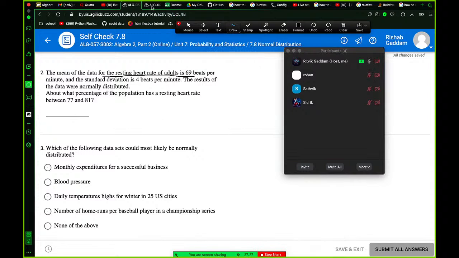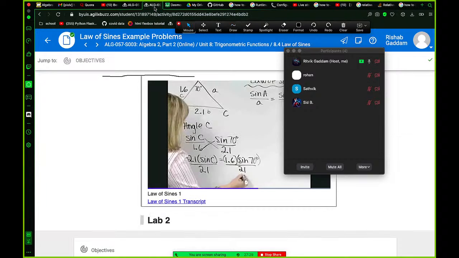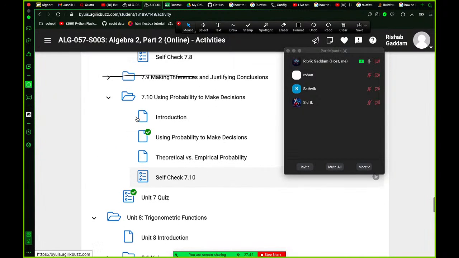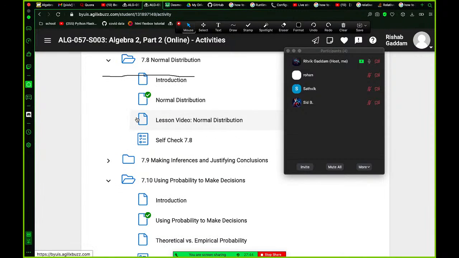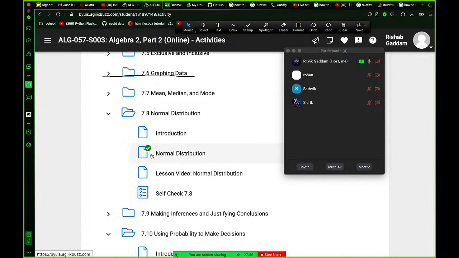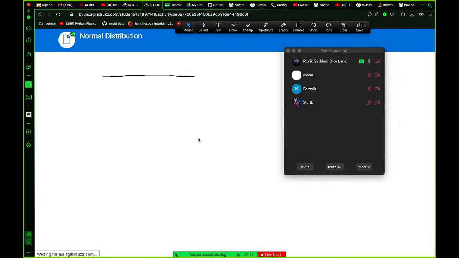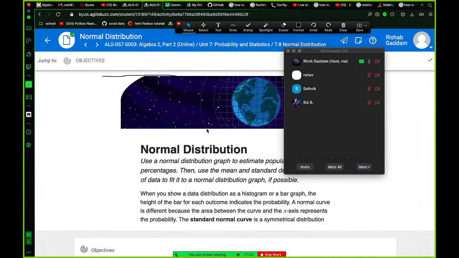So let's just go over here for a second. I think this will help you understand a little bit better. Okay, normal distribution. One second, it's loading the graphs.